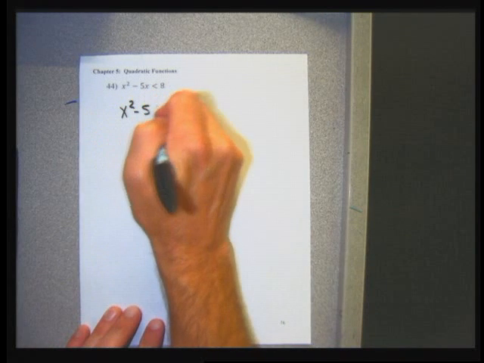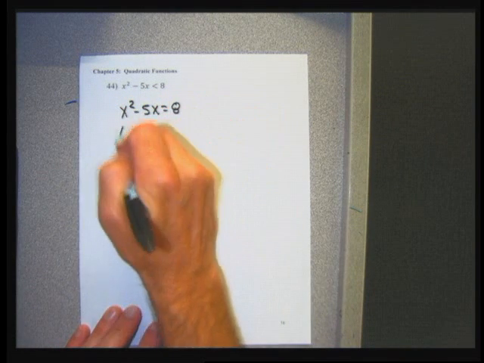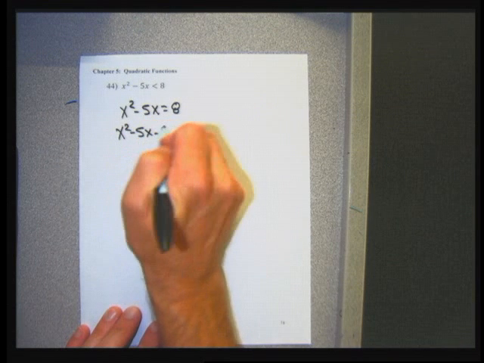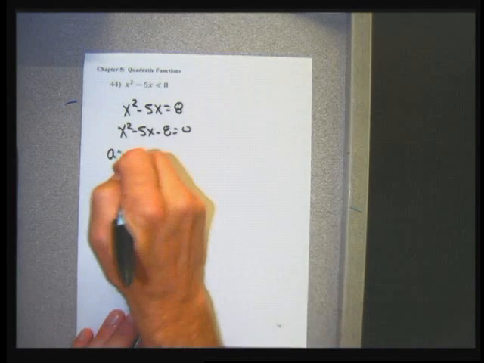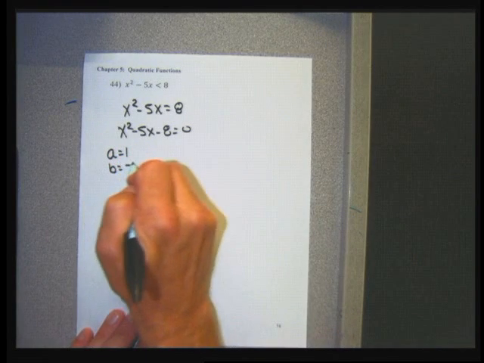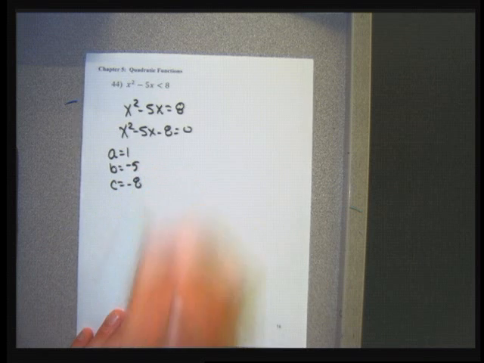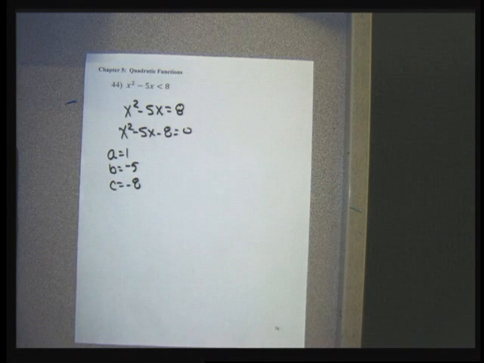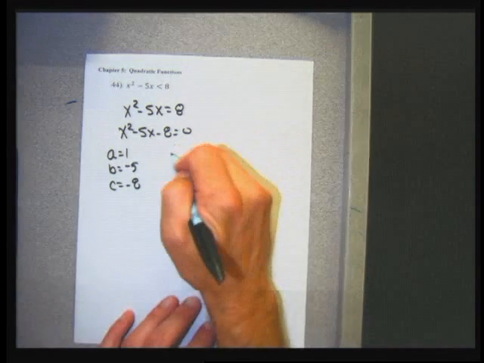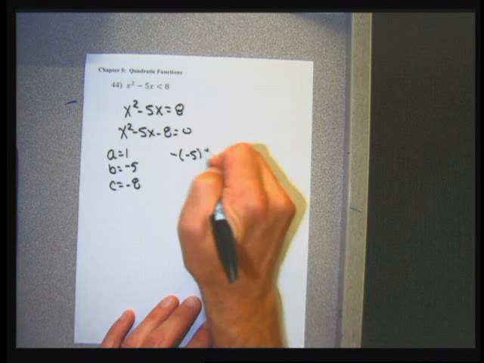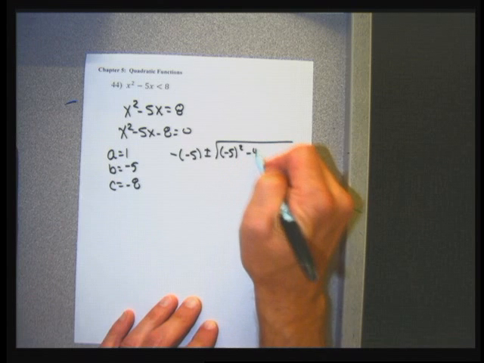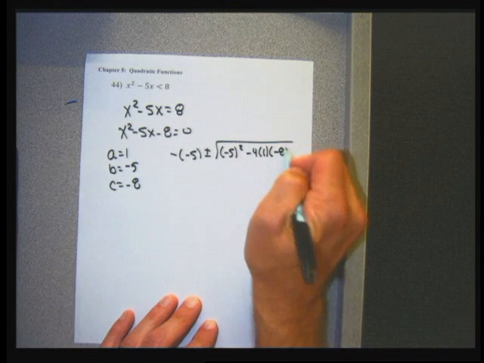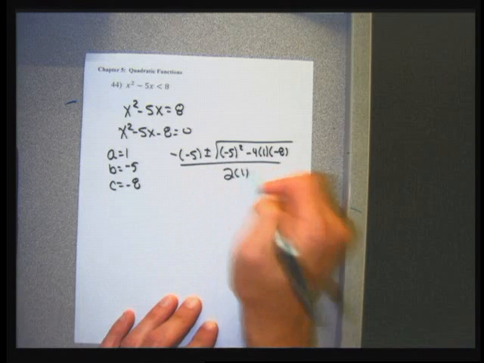X squared minus 5x equals 8. So x squared minus 5x minus 8 equals 0. And then a equals 1, b equals negative 5, c equals negative 8. I'm going to be lazy and not do the table again since we've probably done 15 tables already, hopefully. So I'm going to go negative negative 5 plus or minus the square root of negative 5 squared minus 4 times 1 times negative 8 all over 2 times 1.